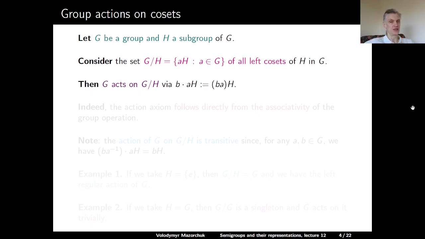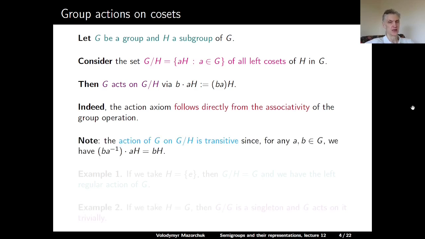An element b in G acts on the coset aH and gives the coset baH. And, of course, the action axioms here follow directly from the associativity of the group operation. So we just multiply, and multiplication is associative.